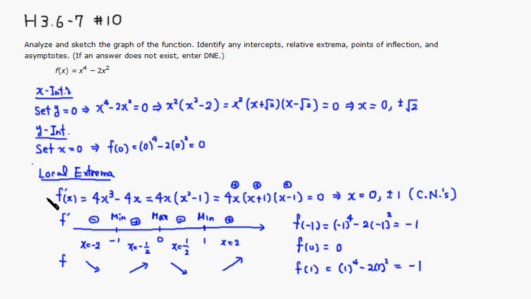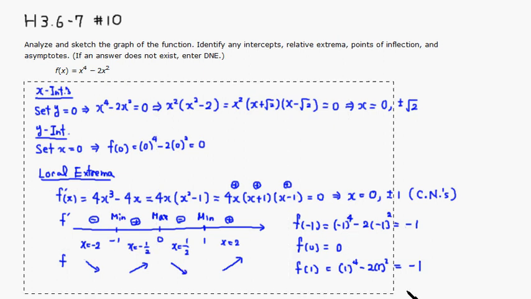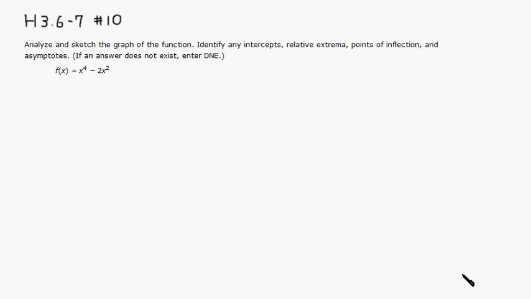Right, so there's no room, so I'm going to just erase this. All right, so we know that, oops, I need to know the derivative here. So the derivative, f prime of x, was 4x cubed minus 4x. So we take another derivative.